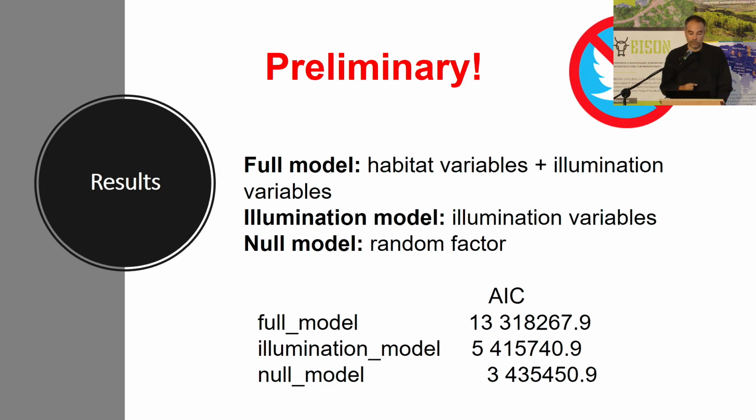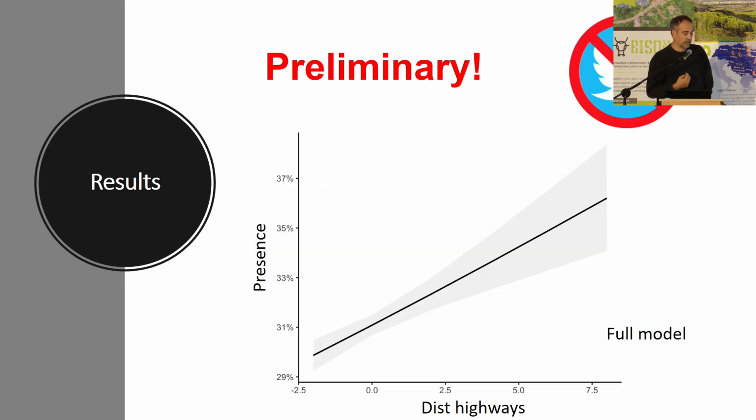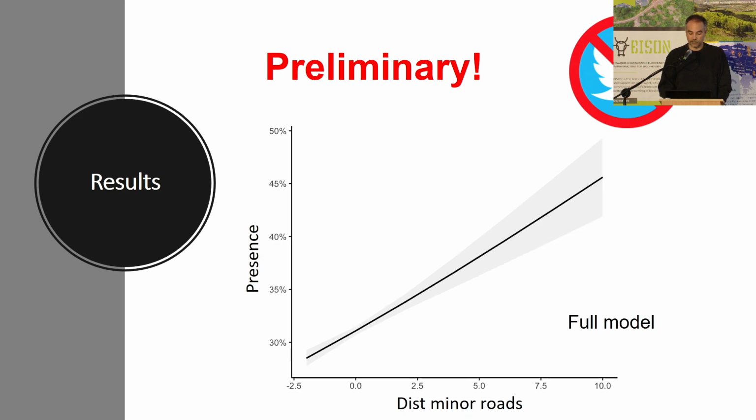So our preliminary results found that the full model, that is including both habitat and illumination variables, is the best performing model, but also that illumination variables alone perform better than the null model. What does it mean? It means that, as expected, puma probability of presence is higher away from highways and also from minor roads.